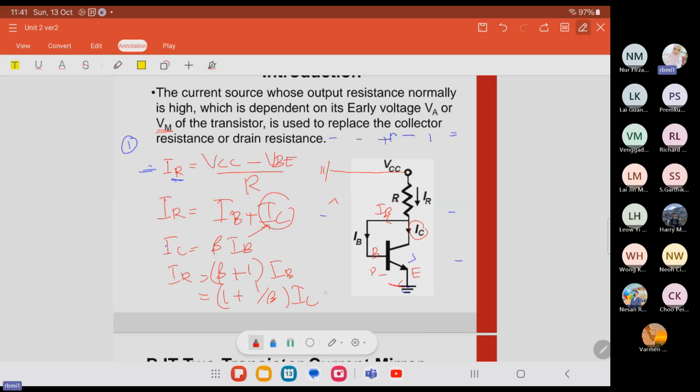Okay, for larger beta value, much larger than 1, the collector current IC is approximately equal to the reference current IR because we consider IB is too small, approximate to 0. So we can say that IR is equal to IC if the beta value is very large.